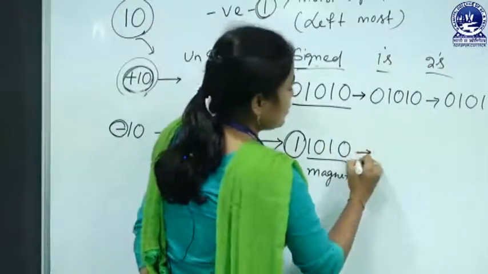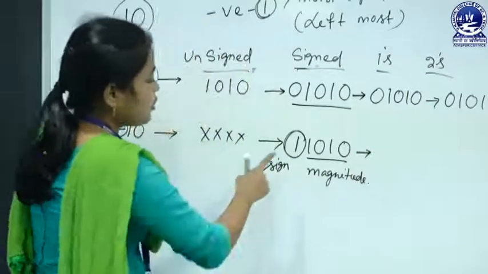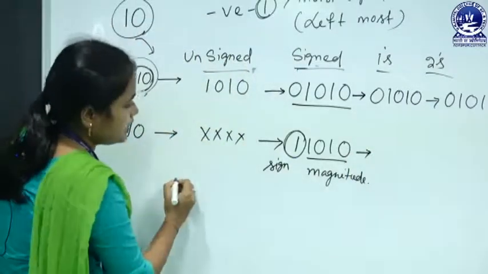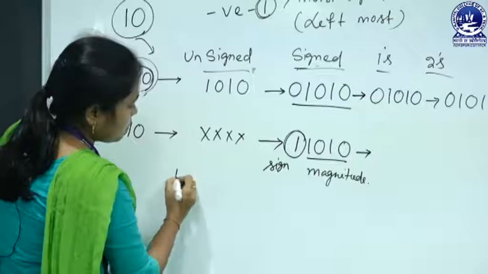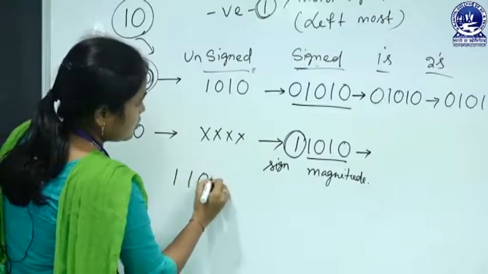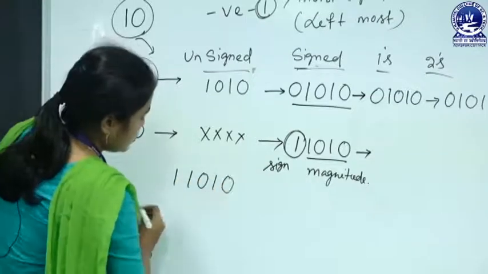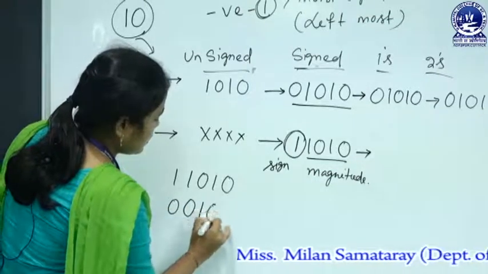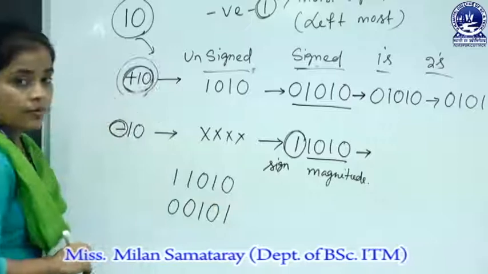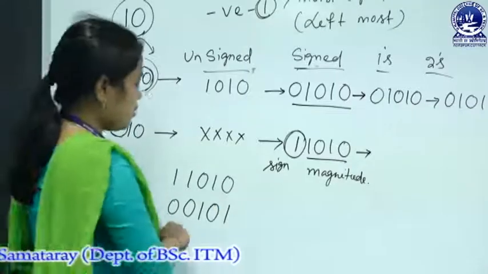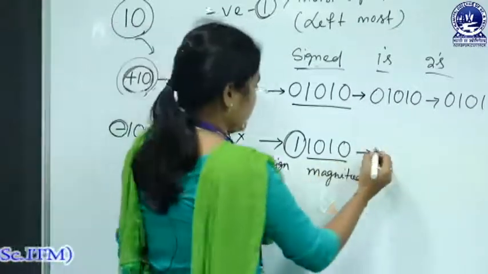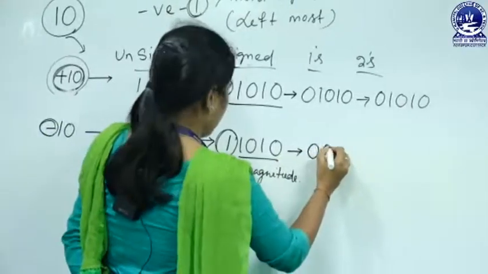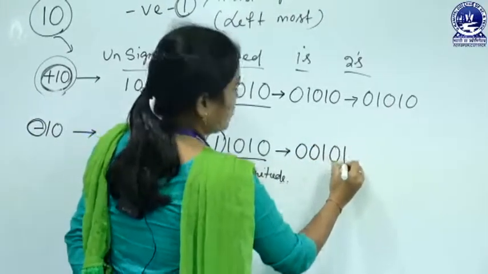And for 1's complement, we have to complement all of these, that is 1 0 1 0. So what will be the value? 0 0 1 0 1. So it is the 1's complement of minus 10.